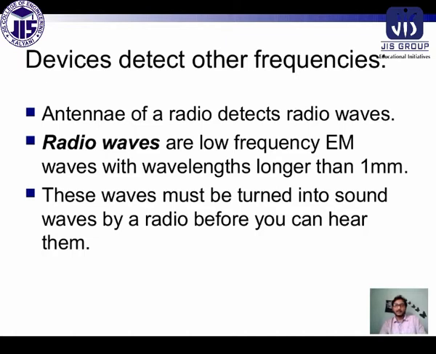The radio antenna interacts with waves having a wavelength greater than 1 millimeter, which are radio waves, and from the radio we get the output as sound. So this particular wavelength, the radio wave, is converted to sound.